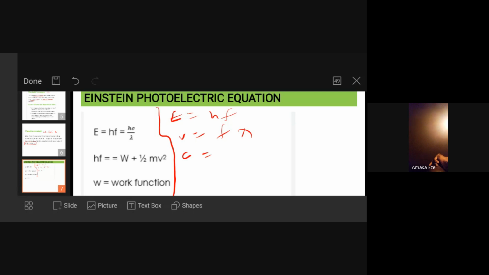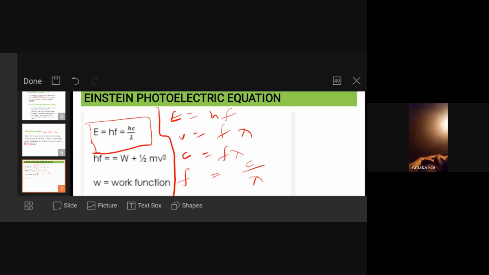So speed c equals f multiplied by the wavelength lambda. If I make frequency the subject of this equation, I'll have frequency f equals c over lambda. And that is how we got the equation here. This is Einstein's photoelectric equation.